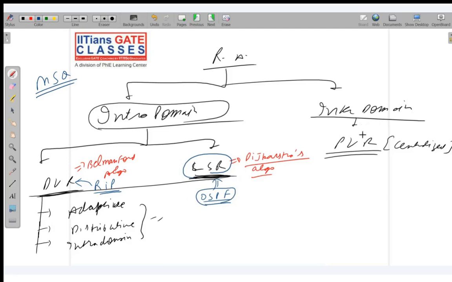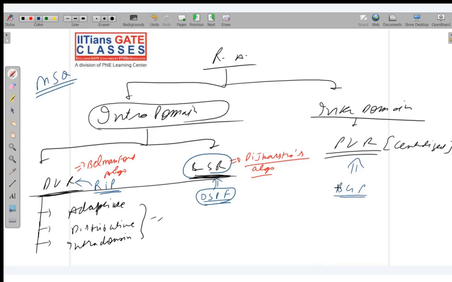LSR abbreviation is link state routing. Okay, so on PVR we have one protocol, that is BGP, border gateway protocol.